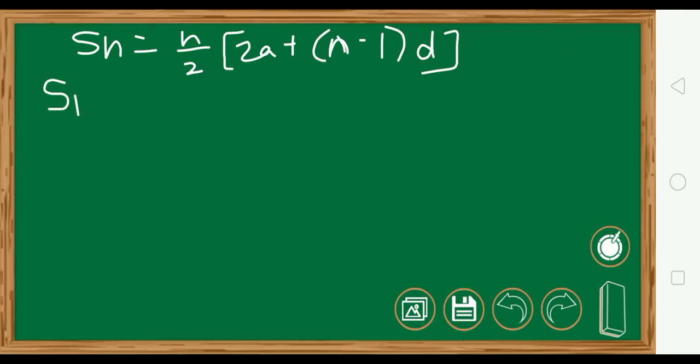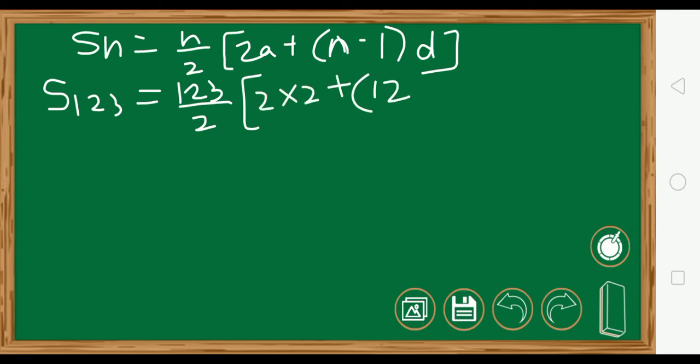So S of 123 is equal to 123 upon 2, 2 into 2, a is 2, plus n is 123 minus 1 into 2. Okay.